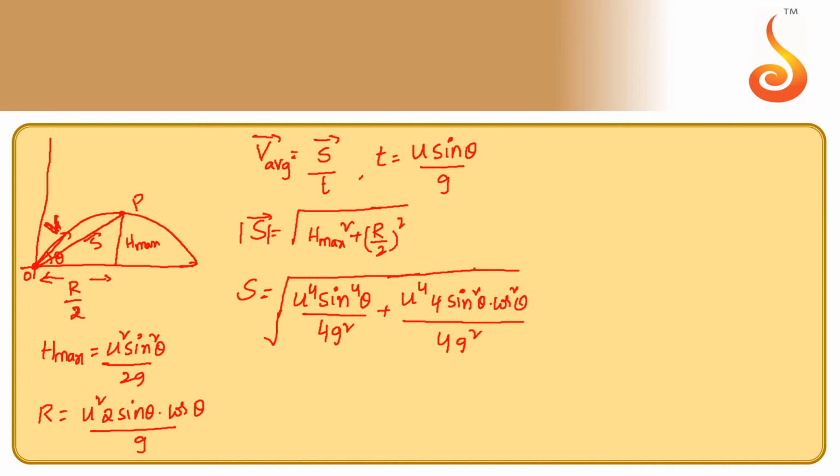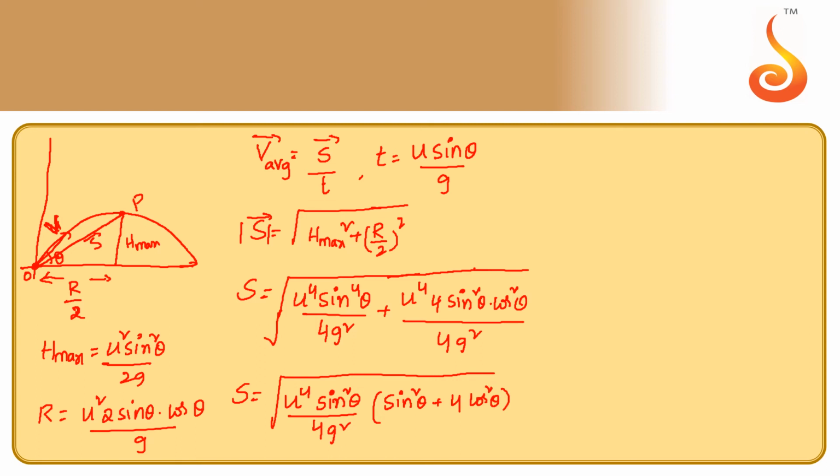So displacement is equal to, let us take u power 4 sine square theta by 4g square common. Therefore here sine square theta plus 4 cos square theta will be there.